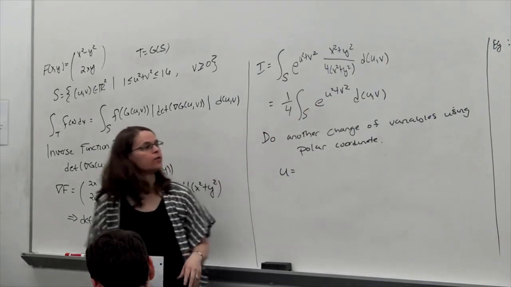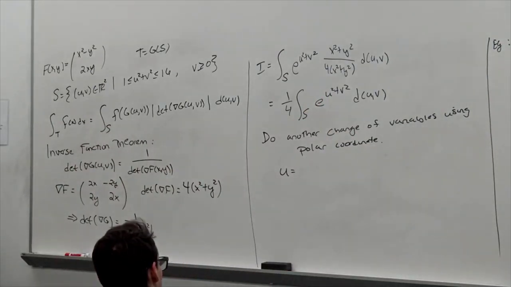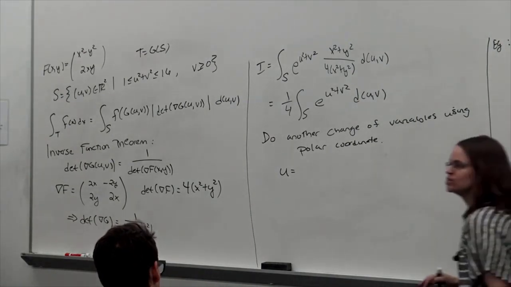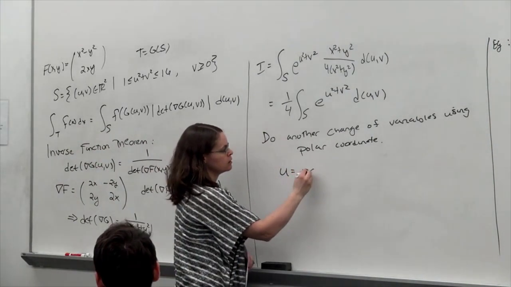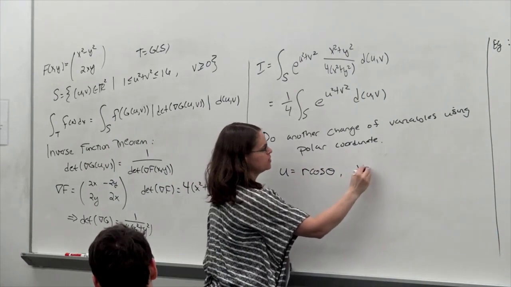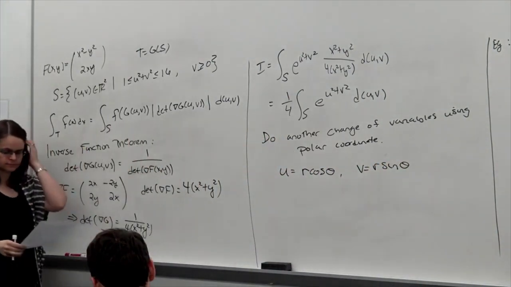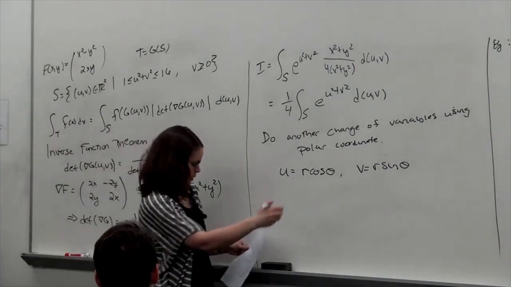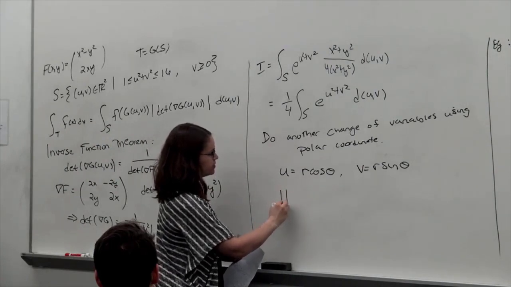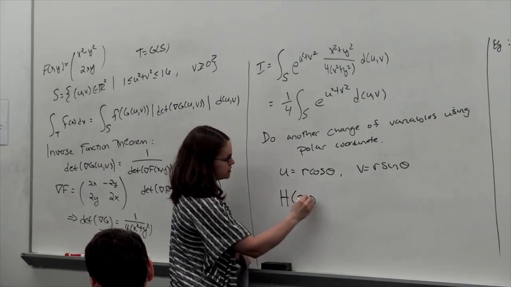Before, we naturally identified the transformation going this way, now we're going to naturally identify the transformation the other way. So it can work both ways. So we write down our polar coordinates. Give this a name. F and G are used up, so I'll call this H.